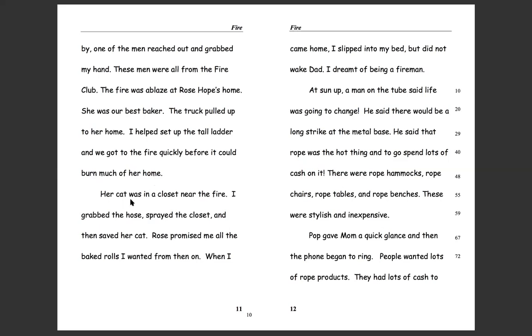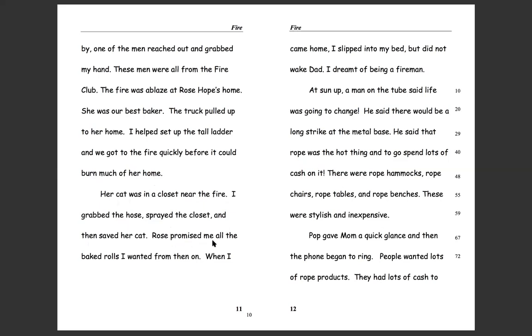Her cat was in a closet near the fire. I grabbed the hose and sprayed the closet and then saved her cat.